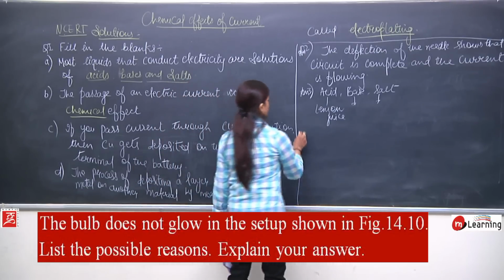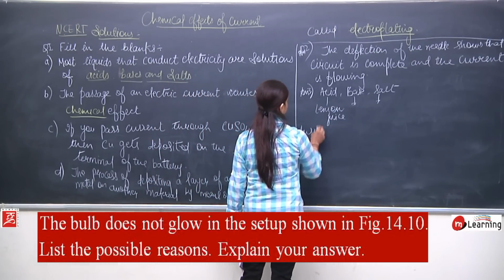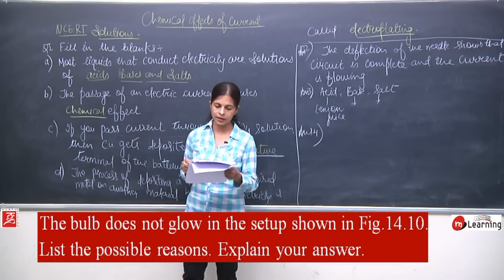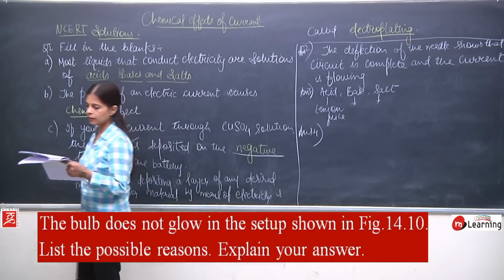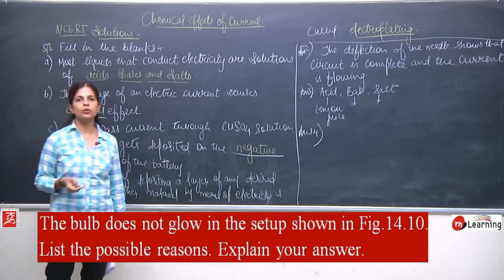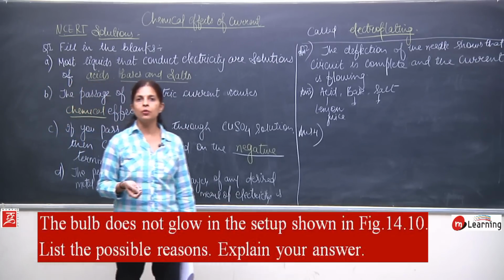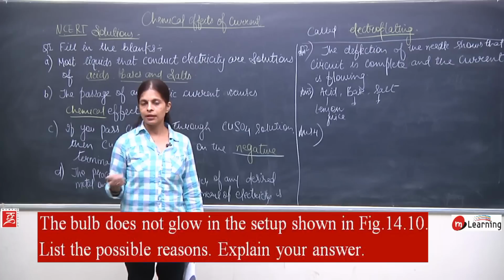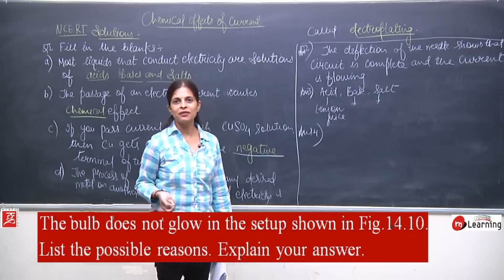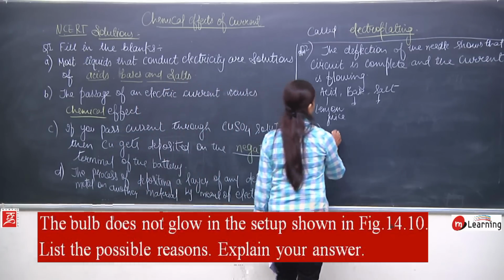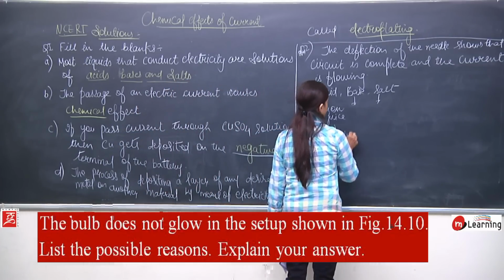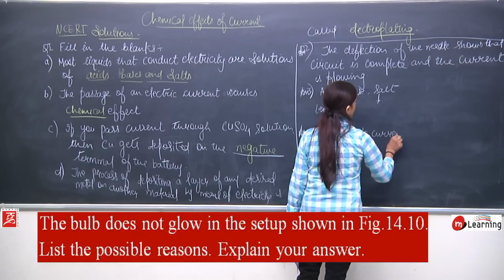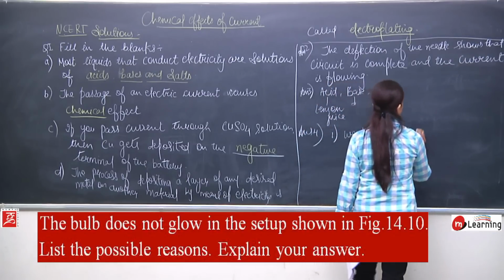Now, we are talking about answer number 4, children. And here we have to say why the bulb is not glowing in this figure. So, why will the bulb not glow? If the current produced is very feeble, very weak, then the bulb will not glow. So, the first point can be that a very weak current is produced.